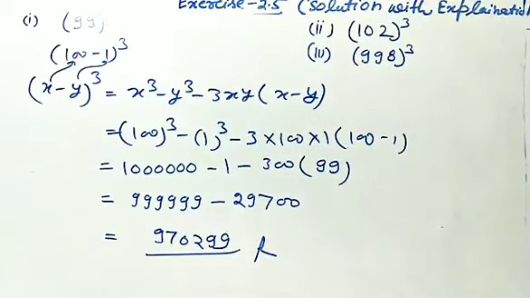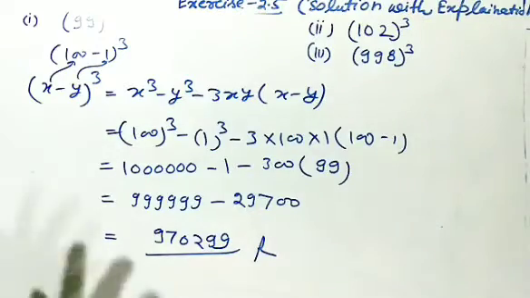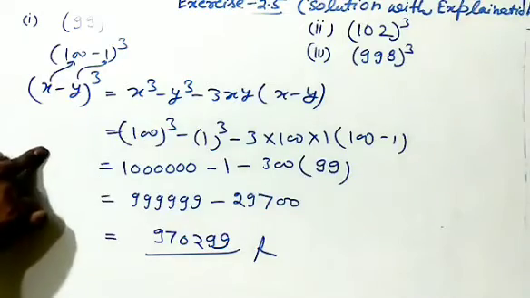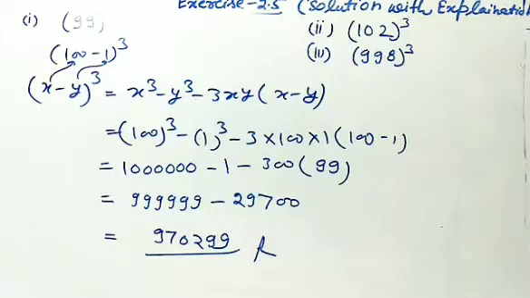If you know the identity, you can easily apply it and get the answer. But if you don't know the identity or if you are solving directly, this is not a method. So you have to apply the identity, solve the question one by one and get the answer.